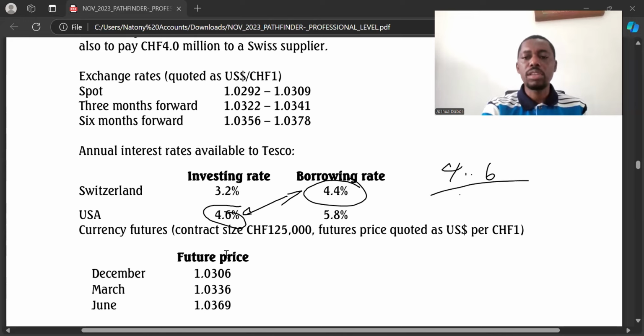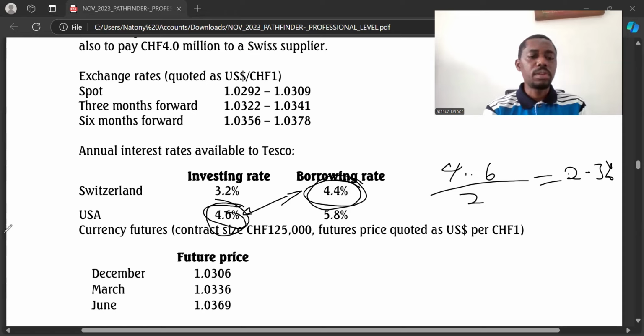For 6 months will be all over 2, which will be 2.3%. So the present value of the amount to be borrowed will be discounted using the borrowing rates. And after that, converted to the local currency, then deposited using the deposit rates.